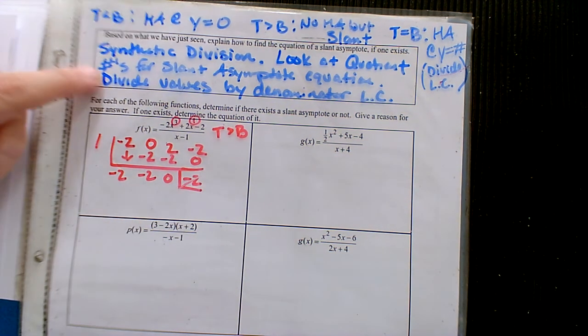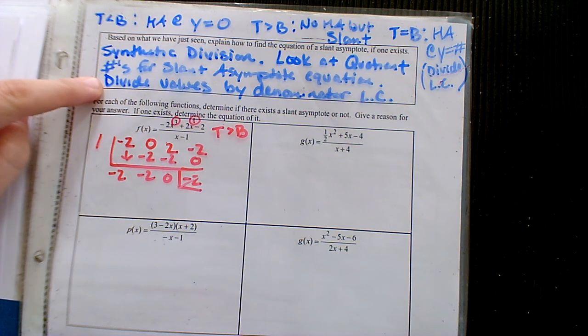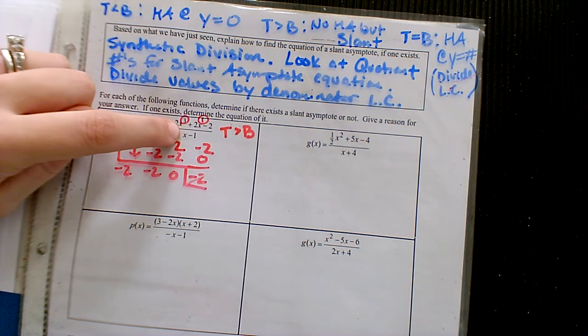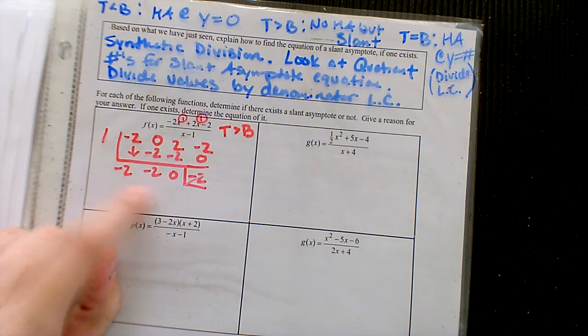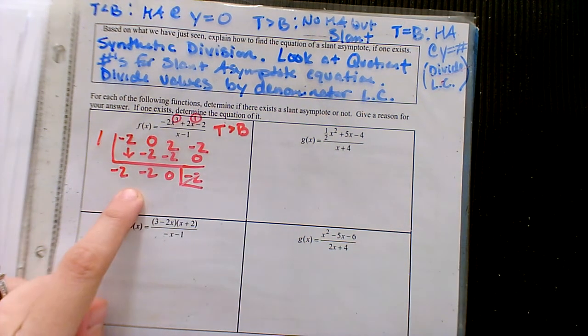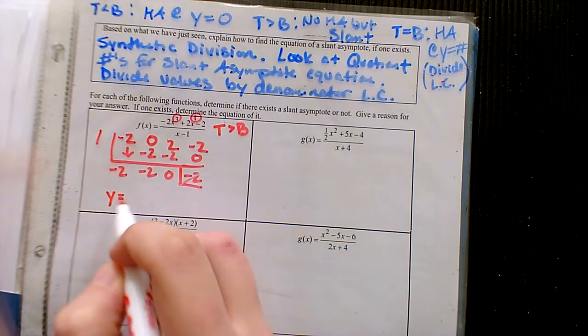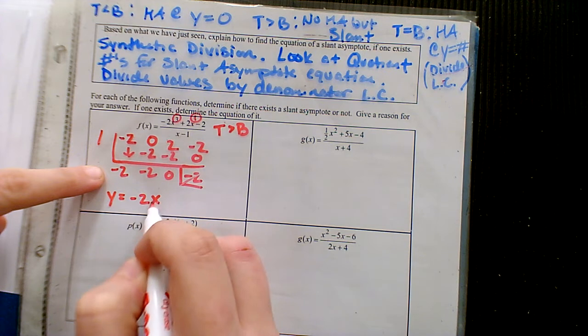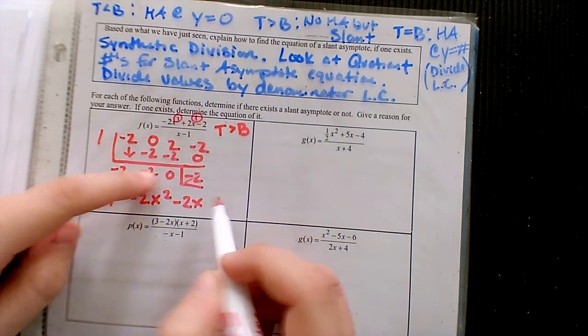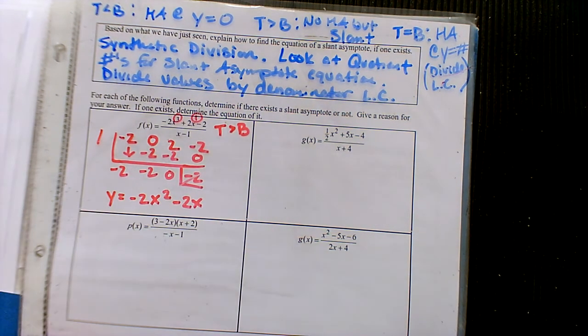I should technically divide these values by the leading coefficient in the denominator, but notice how that's just 1, so that's not really going to change anything. So if I put the x's back into these quotient values, I'll have a -2 x squared minus 2x plus 0. So technically you don't have to write that on the end.